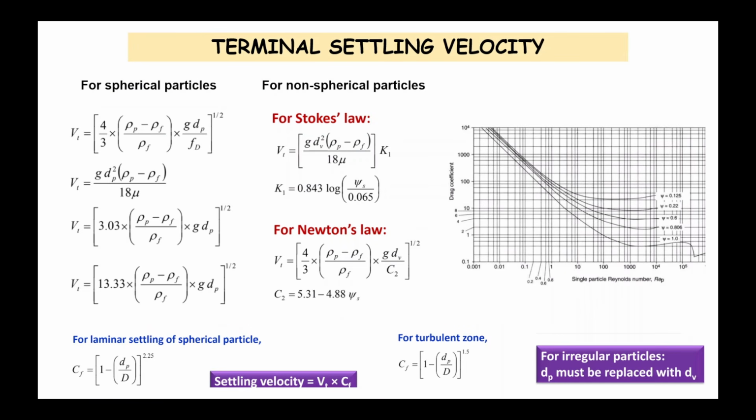So from here, we come to the concept of terminal settling velocity. Again, as I said, the Reynolds number is used to characterize whether a flow is going to be laminar or turbulent. Depending upon the geometry of the surface where the fluid is going to flow, the value of the Reynolds number is going to be different. If you want to learn about this in more detail, you are welcome to follow any fluid mechanics book or any course available online.